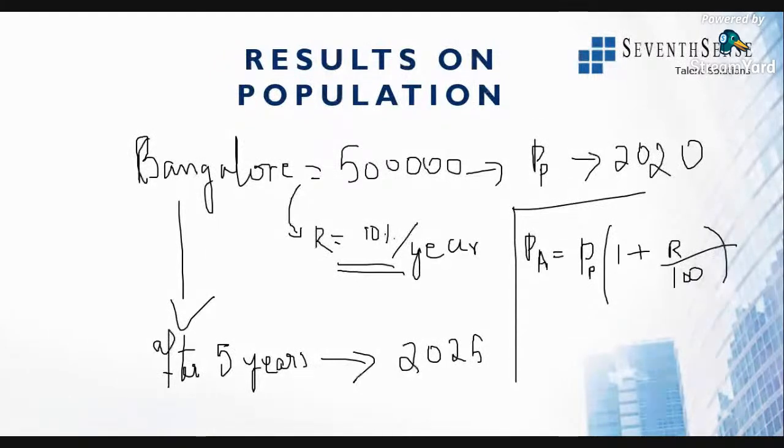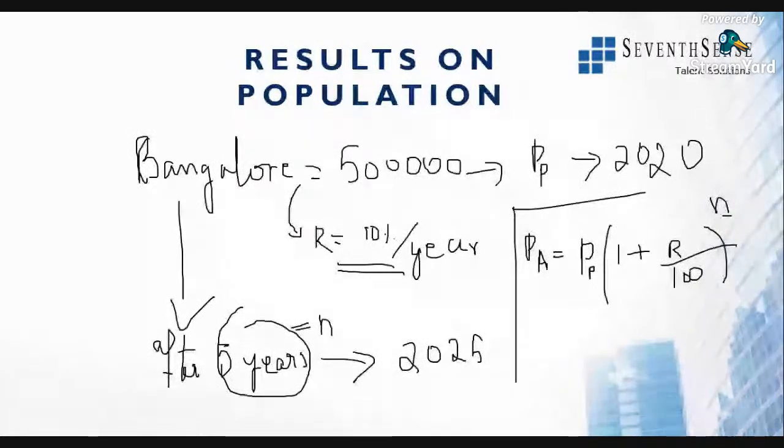R is the rate of change, and n is the time duration. So population after n years is the present population into 1 plus R by 100 whole power n. You will be solving with the formulas.